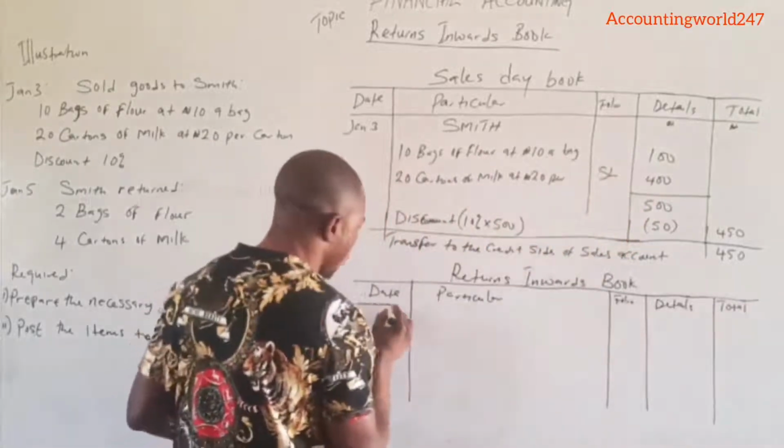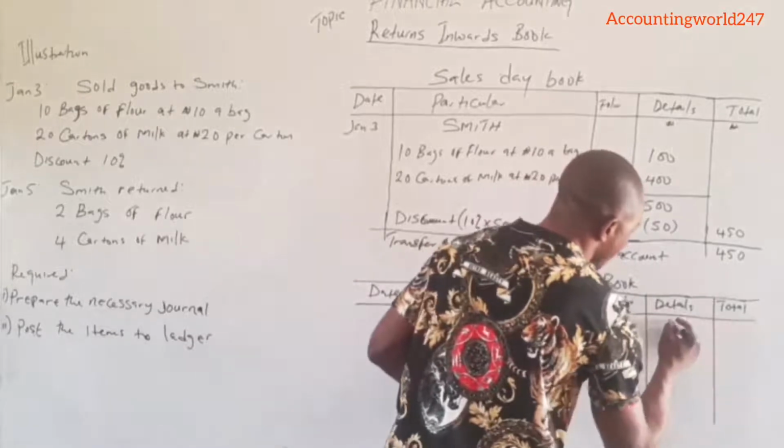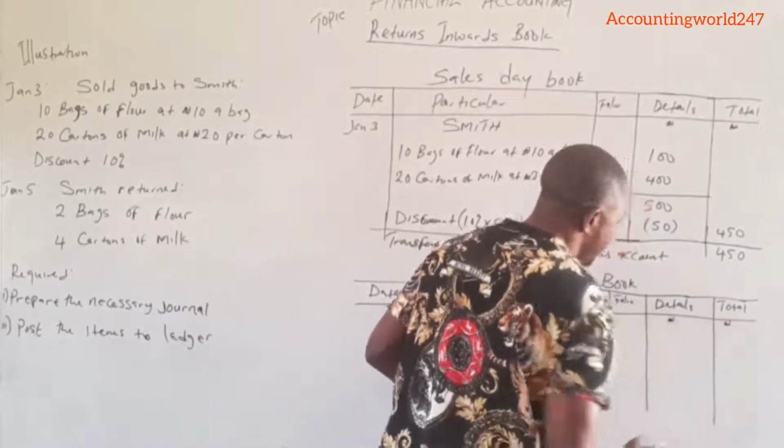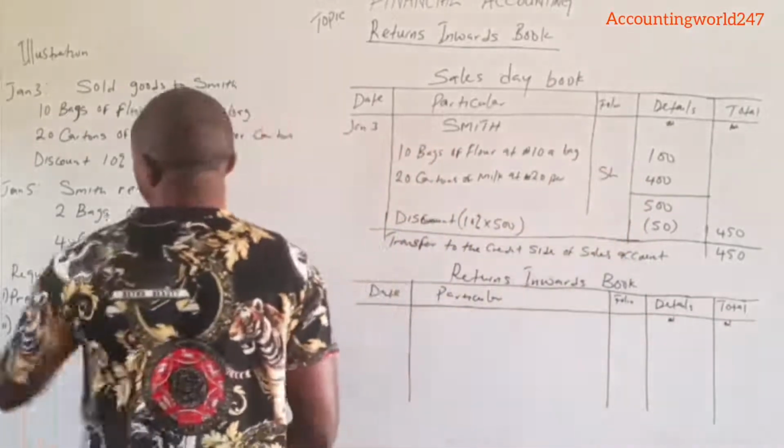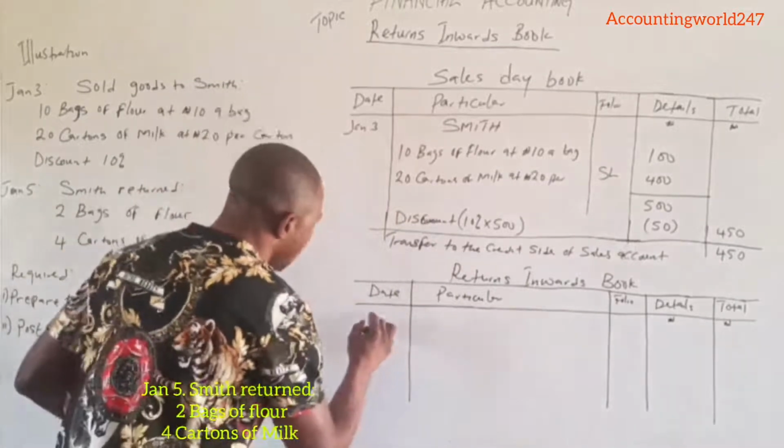Now, that's another journal. We're going to have the naira sign and the naira sign. Now, let's go back to the question. January 5, Smith returned. Now, we have January 5.